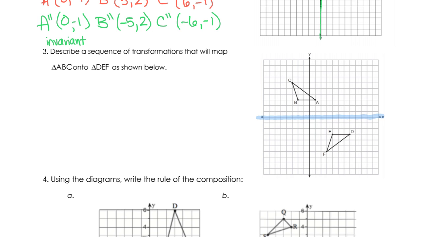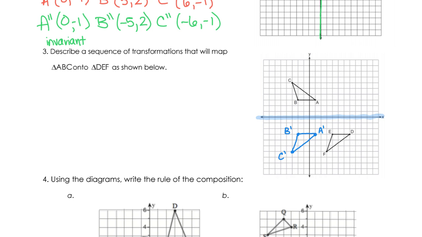So if A flips over my x-axis here, A prime would go here. B is 3 units above also, so B would go 3 units below. And C is 1, 2, 3, 4, 5, 6. So 1, 2, 3, 4, 5, 6. C prime would be here. So let me see.